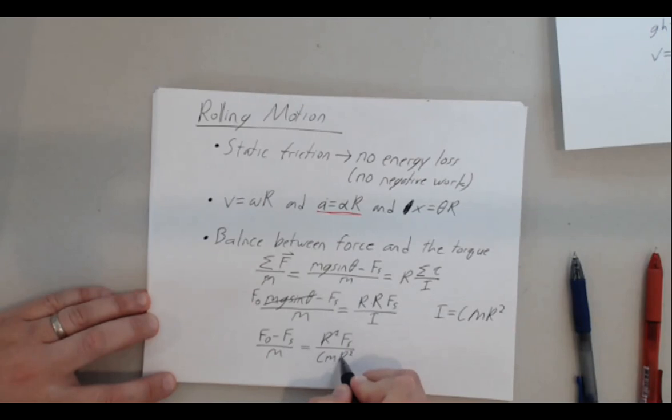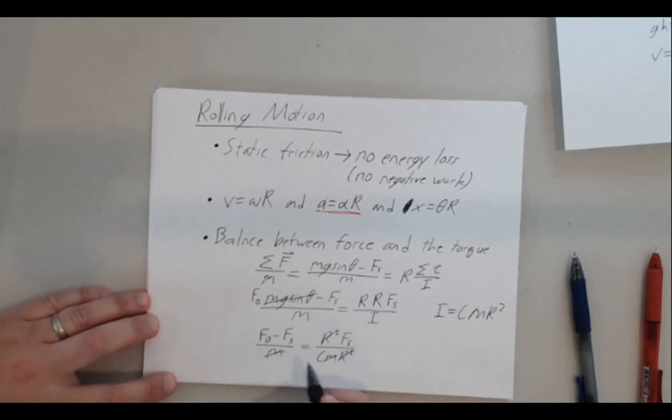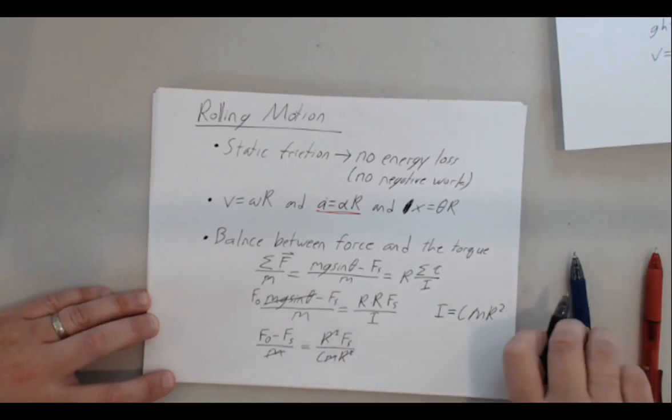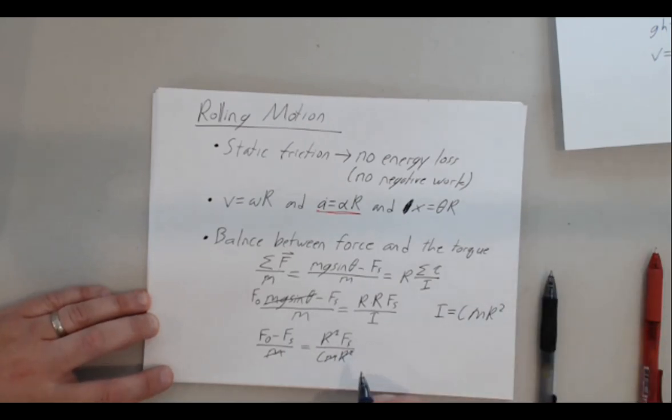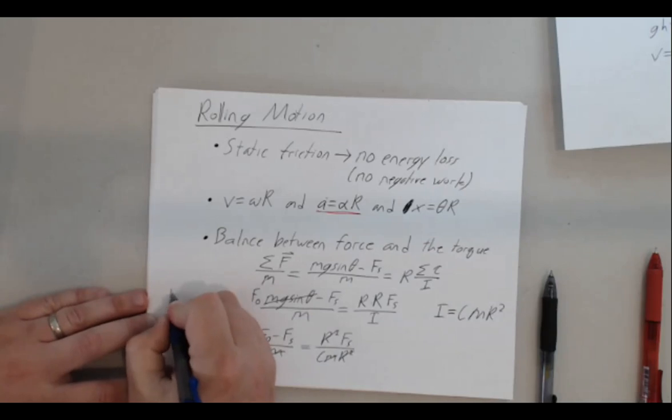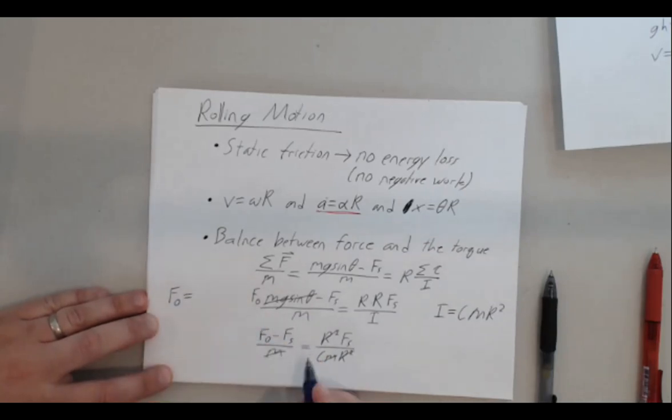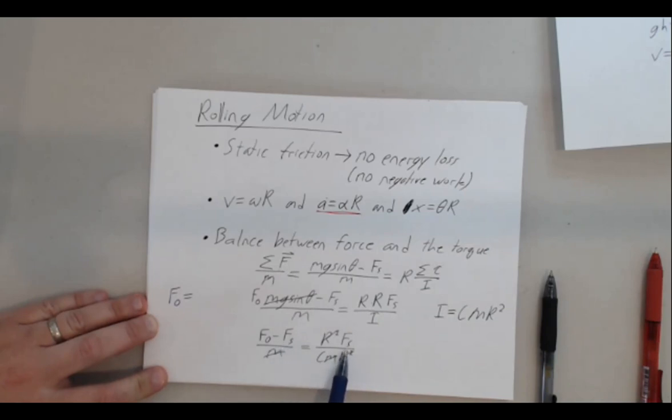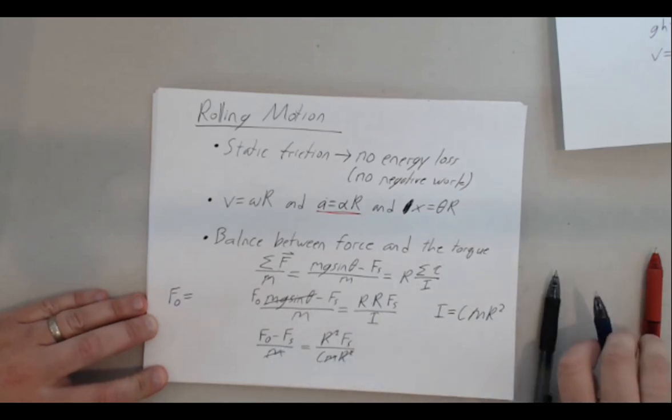The r squareds cancel and the m's cancel. And what I'm left with is my condition here, which I'm going to write in a different color. And that is that my downhill force has to equal, okay, I move this friction force over to the other side. Well, let's just do that over here.